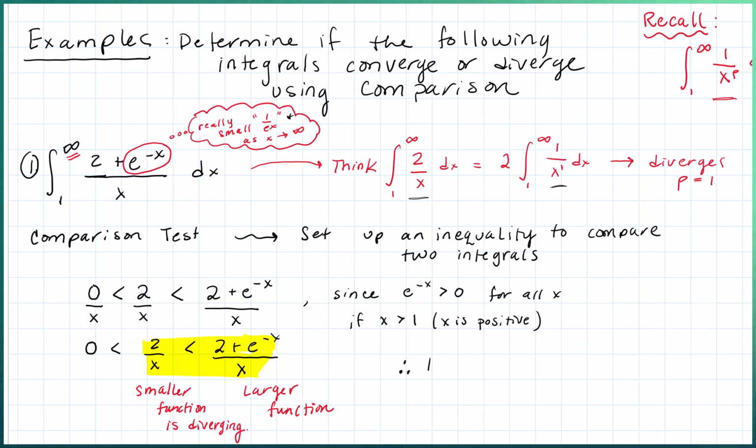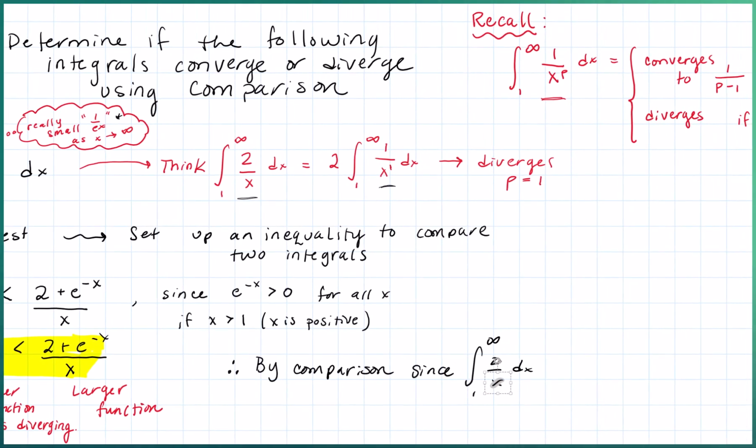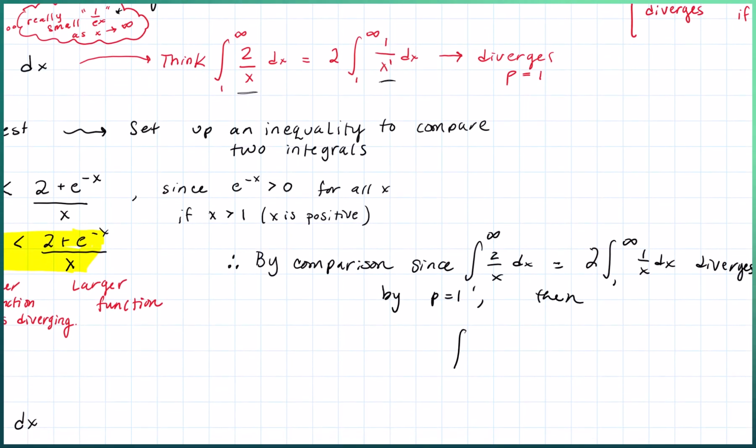We can say, therefore, by comparison, since the integral of 2 over x from 1 to infinity dx is equal to 2 times the integral from 1 to infinity of 1 over x dx, which diverges by p equaling 1, then the integral from 1 to infinity of 2 plus e to the negative x over x dx must also diverge.